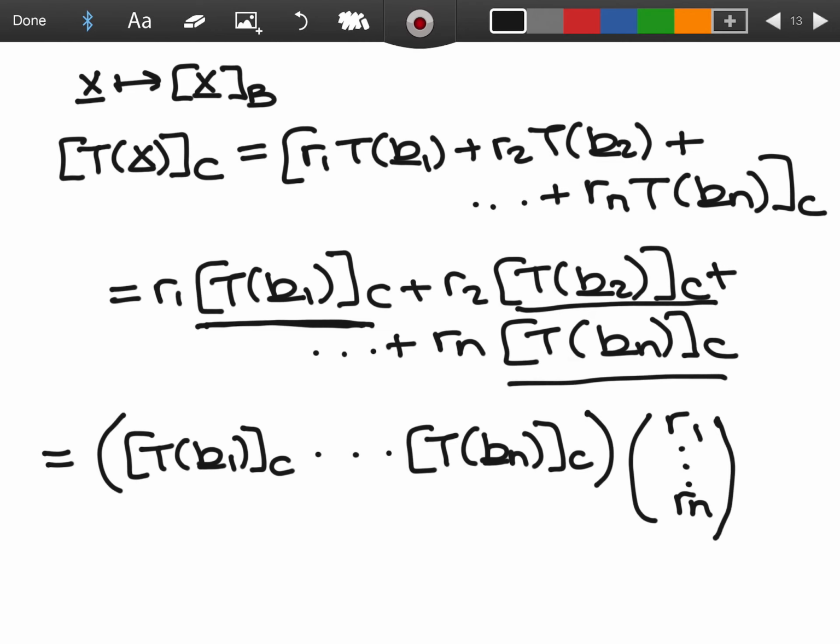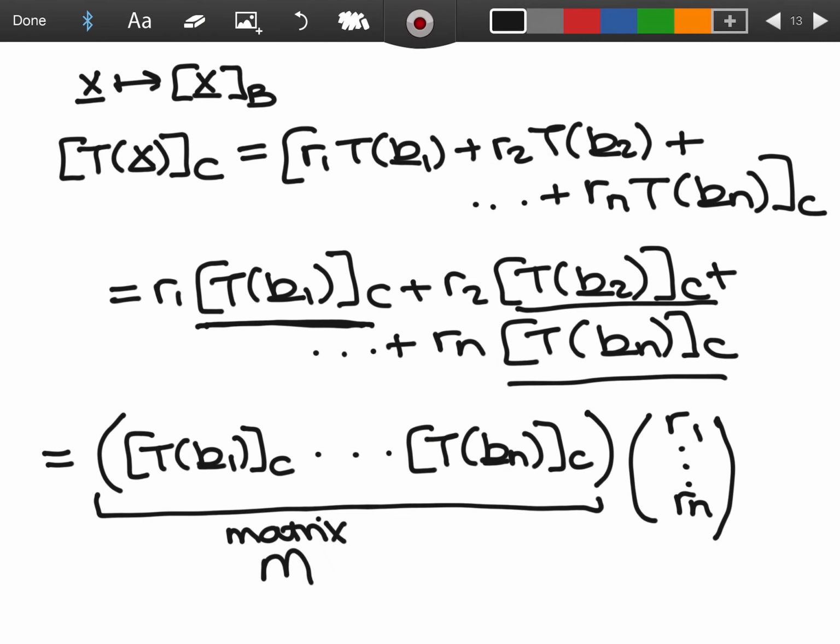What I have done here is make a matrix, and I'm going to call it M. Its columns are made up of these C coordinate vectors of the images of the B basis vectors. I've taken each of my basis vectors in B, taken the image and found its C coordinates, and put each one of those vectors as a column of the matrix.